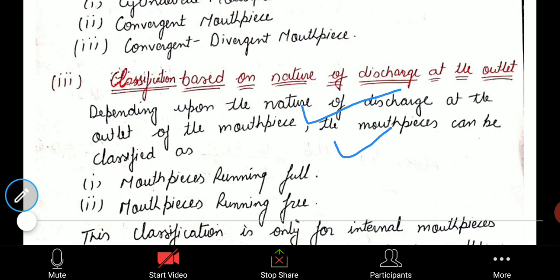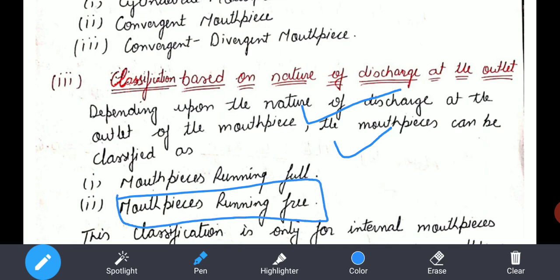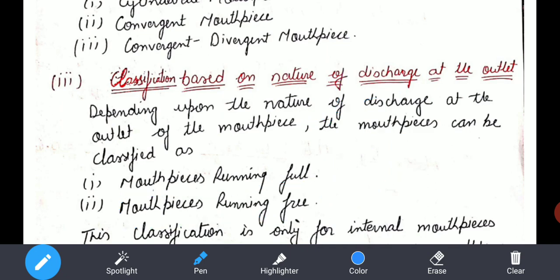First, we talk about mouthpieces running free. This comes under the category of internal mouthpieces, which are also called Borda's or re-entrant mouthpieces. A mouthpiece is said to be running free if the jet of the liquid after contraction does not touch the sides of the mouthpiece.